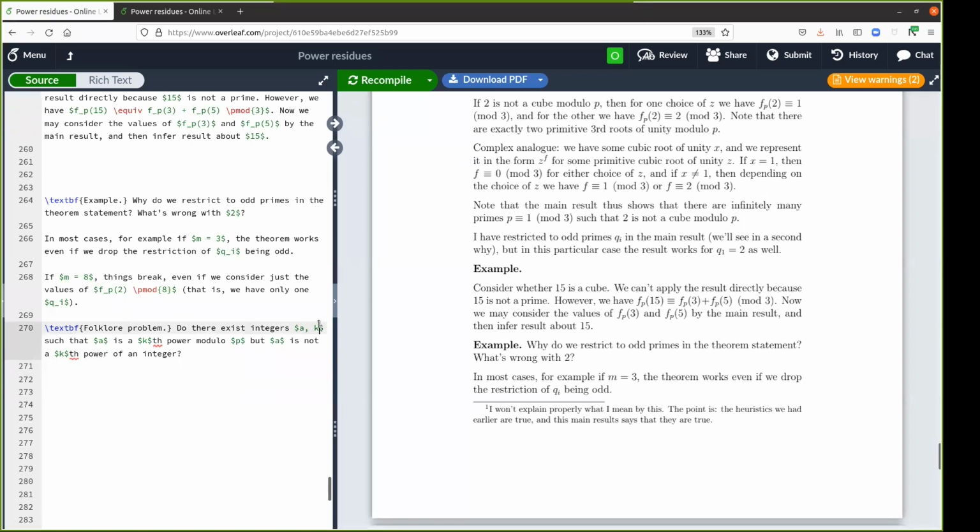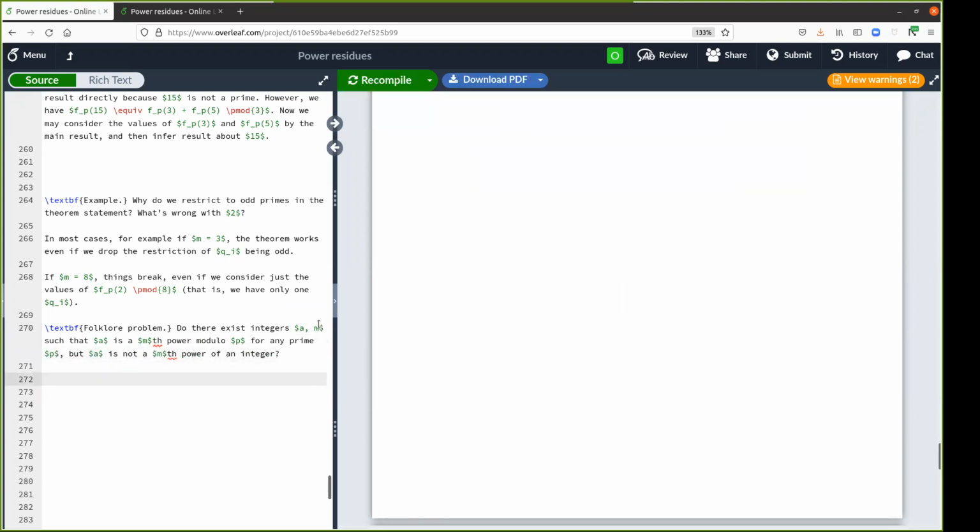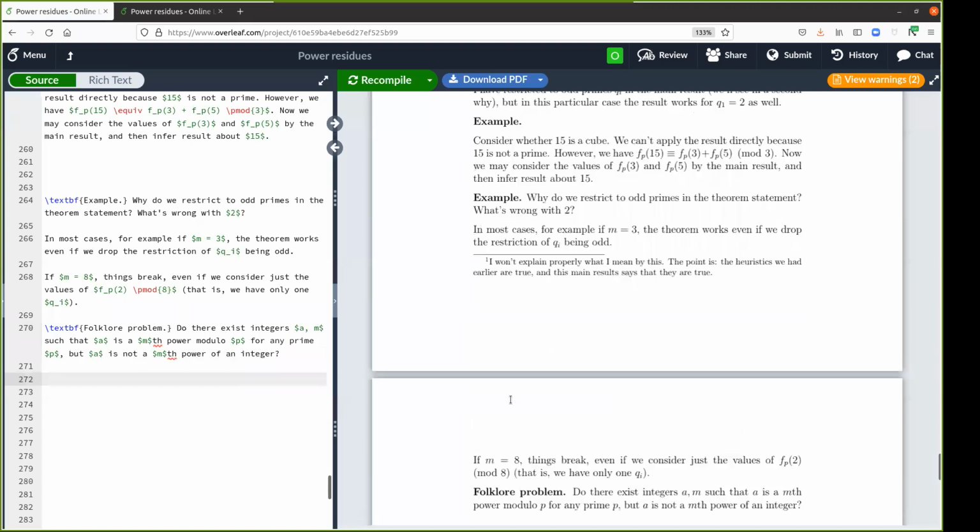I'll replace k with m, such that a is an mth power modulo p for any prime p, but a is not globally an mth power, so not an mth power of an integer.